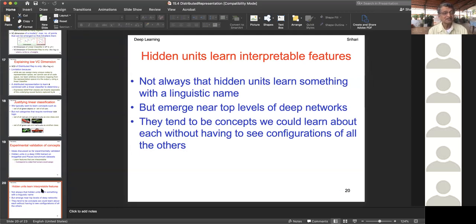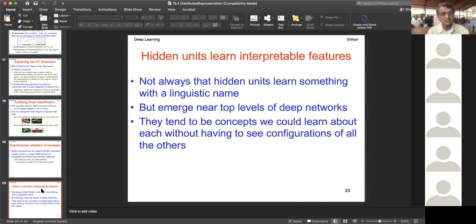And quite often they learn concepts that you would say, oh, that's intuitive. I can understand what you're doing. But they might also learn things that you never expected. And these emerge near the top levels of deep networks. They tend to be concepts we could learn about each without having to see configurations of all the others.